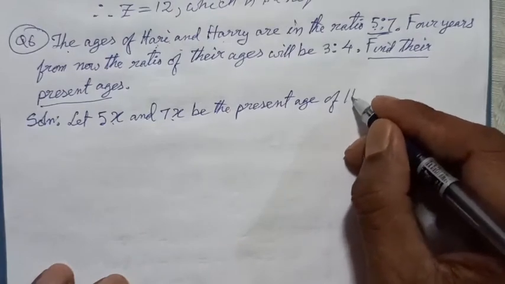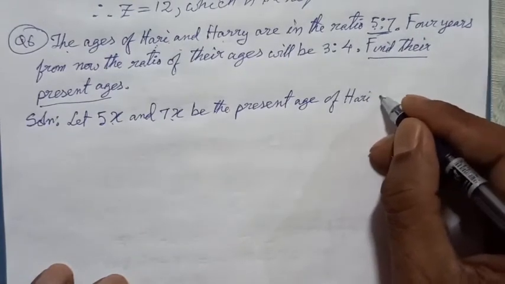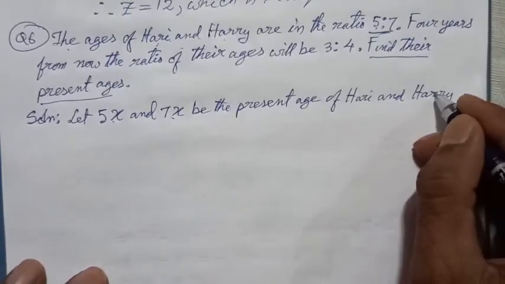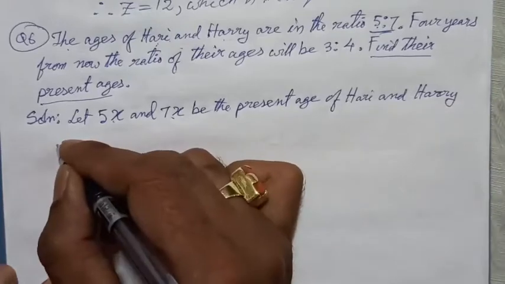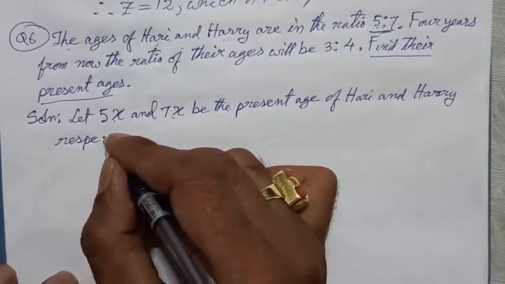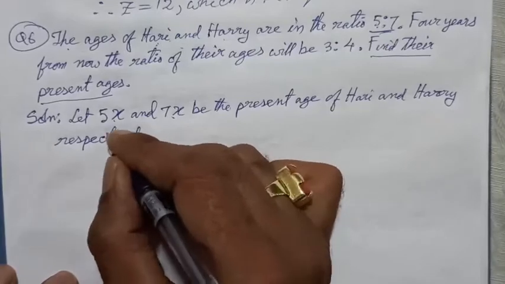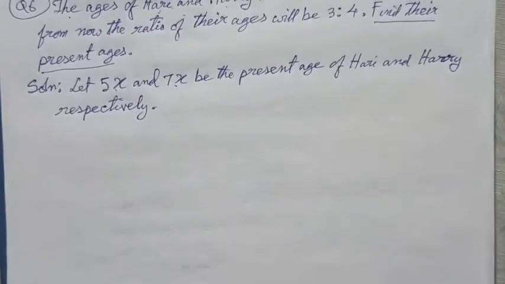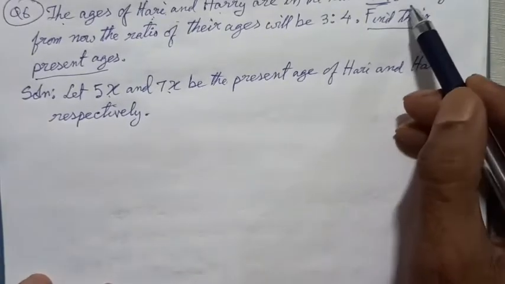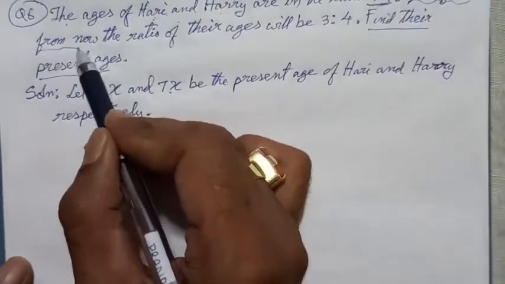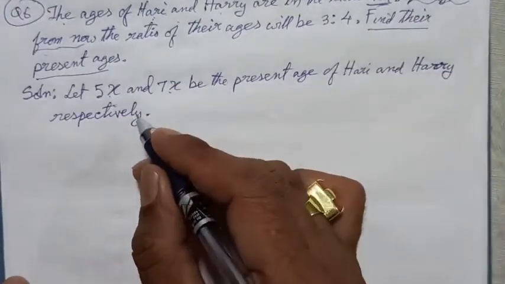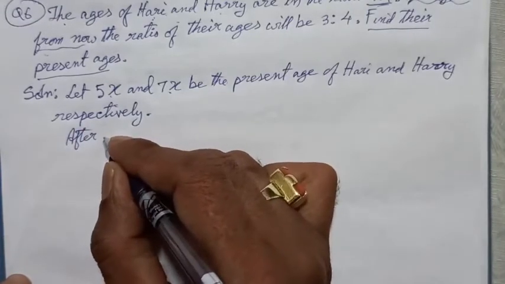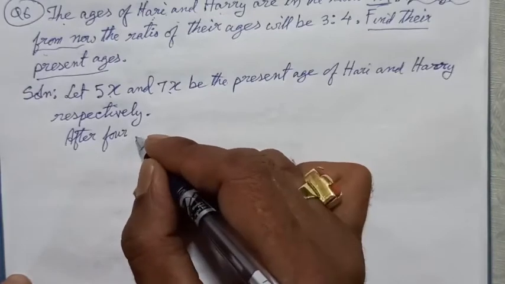Present age of Harry and Harry respectively. Then next step, you see the question. 4 years from now. 4 years from now means after 4 years.